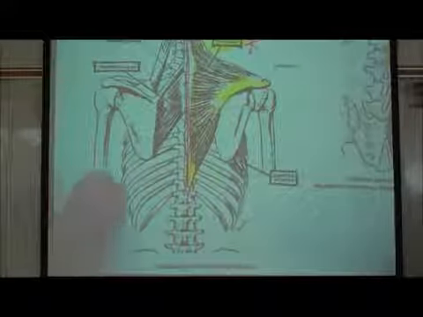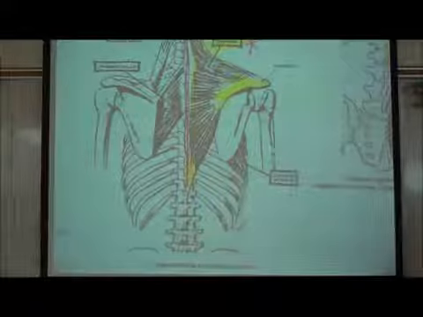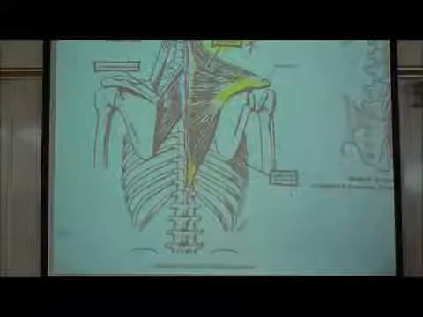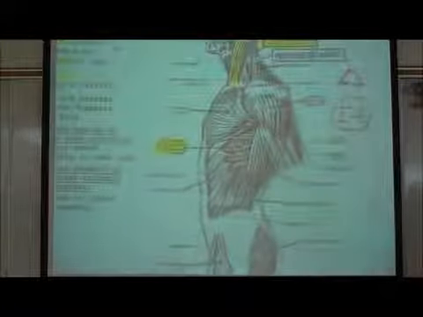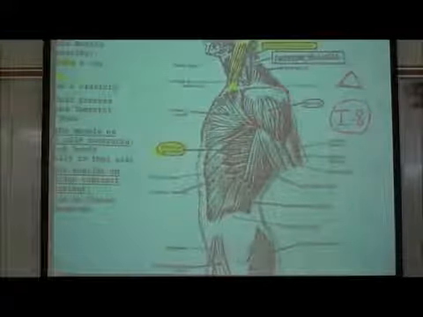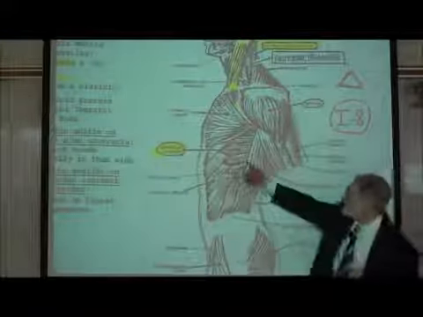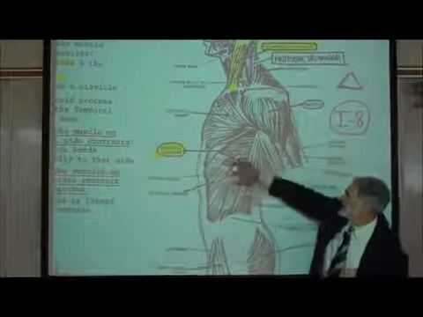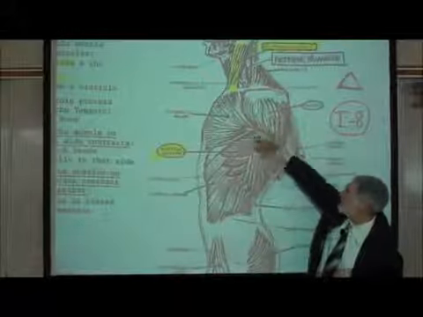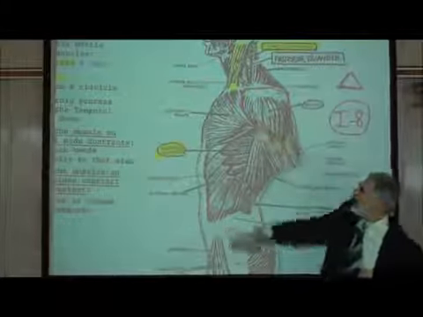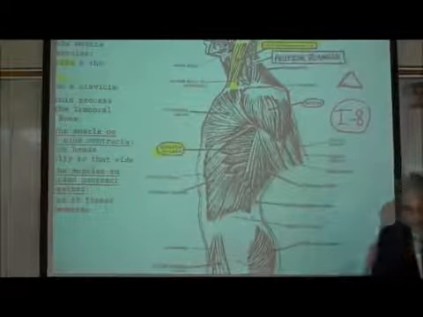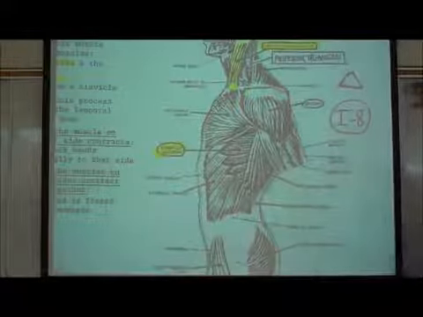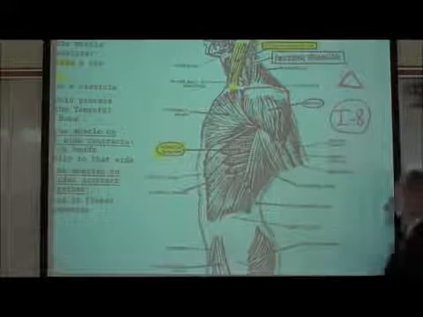Another picture of the serratus anterior is if you look on page I-8. On the bottom picture of I-8, you'll notice right here is labeled the serratus anterior. It's going from the ribs to the scapula. And with this view, we can see why it got the name serratus anterior.